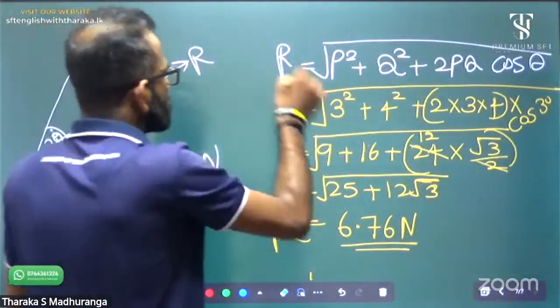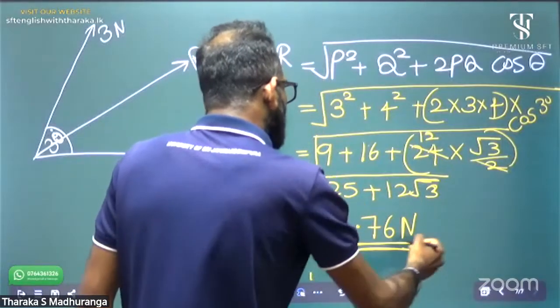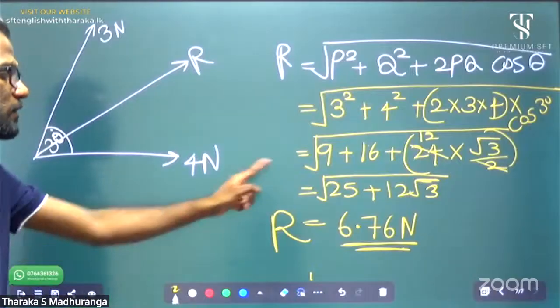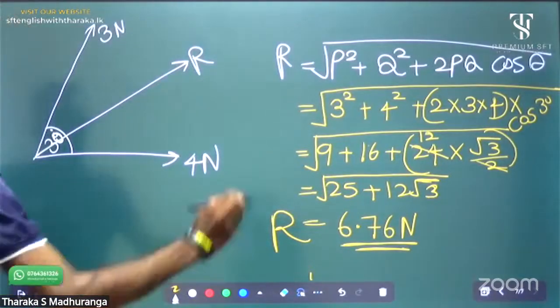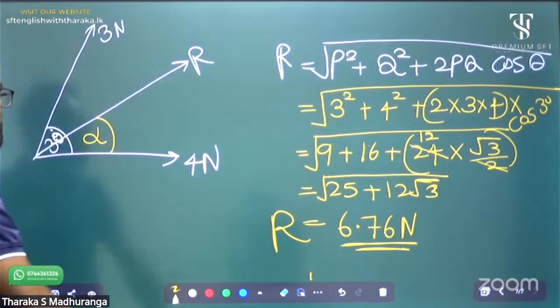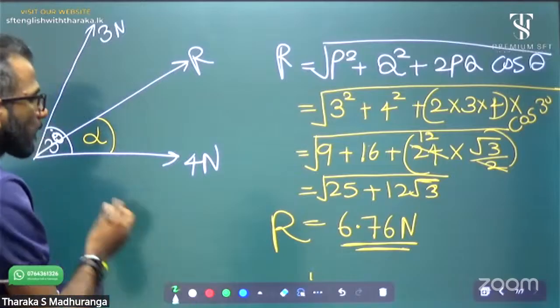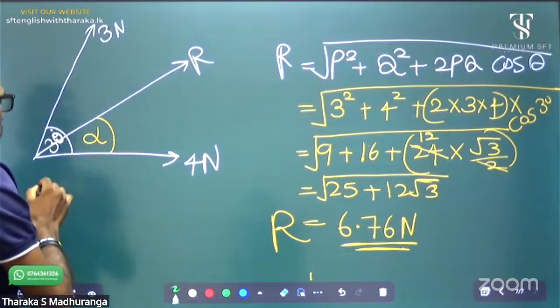Now, in our previous example, the resultant force magnitude was 6.76. Okay, now I am going to show you this alpha. This is alpha. Now, I am going to calculate this alpha.